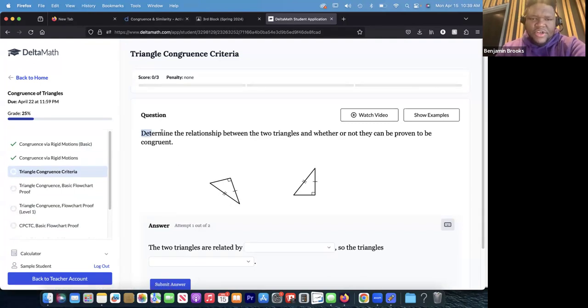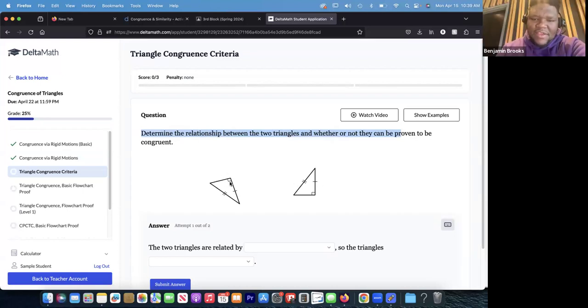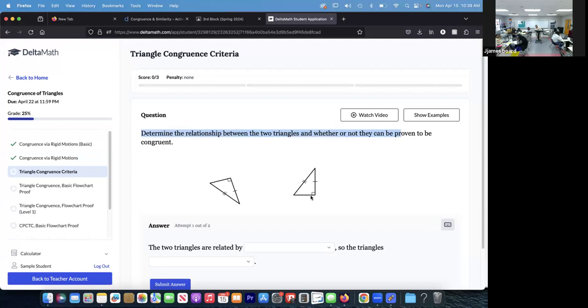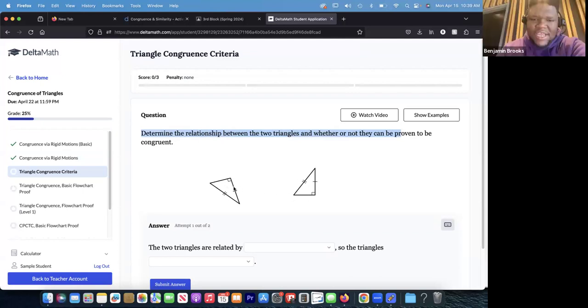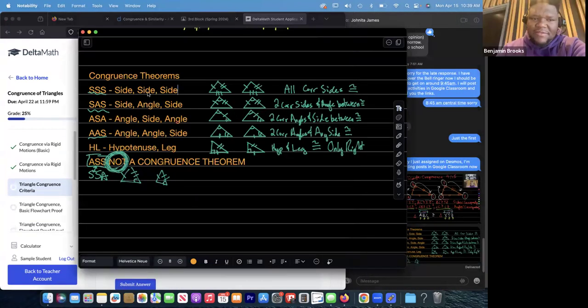Determine the relationship between the 2 triangles and whether or not they can be proven to be congruent. In this case, we have 2 hypotenuses and a leg of a triangle. According to this, if you wrote it down, which congruence theorem can we use to prove these 2 are congruent?